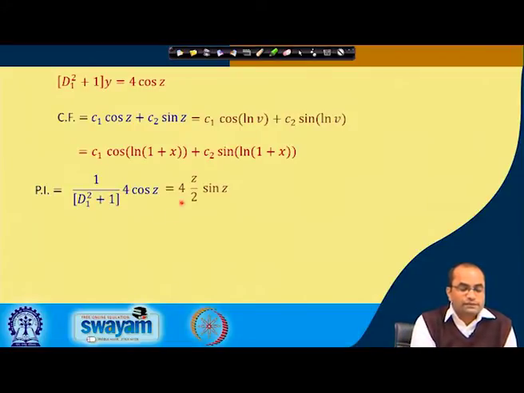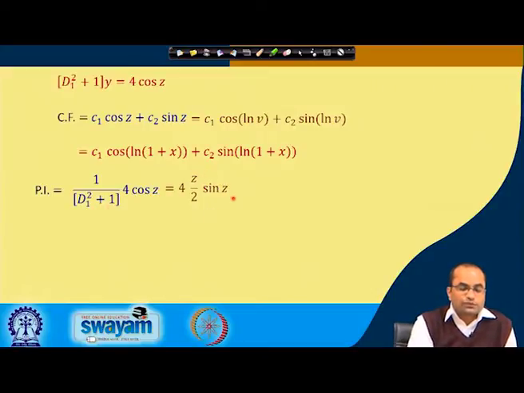So, this 4 we can bring out here, and then for this cos z, this is the formula which was also derived there when we substitute D1 square minus 1. This is becoming 0, and we have derived that it will be z over 2a, and cos will be just the sine there, and 2a here is just 1.